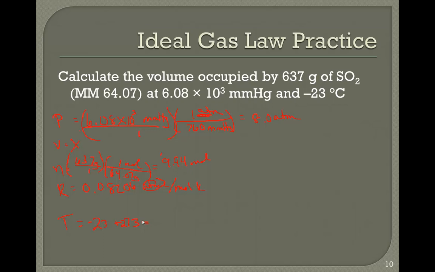Okay, from here, we just plug all our numbers in. So 8.0 atm times x is equal to 9.94 moles times 0.08206 atm liters over moles kelvins, got ahead of myself, 250 kelvin.